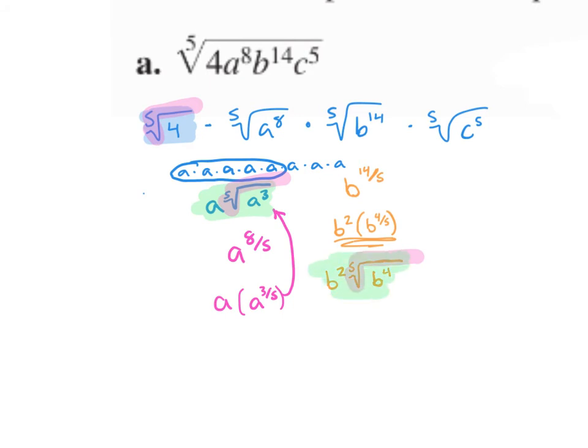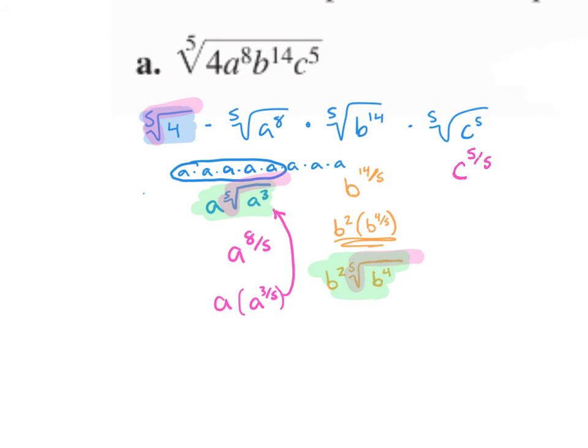So what do we get when we have the 5th root of c to the 5th power? Just 1. We only have 1 c.